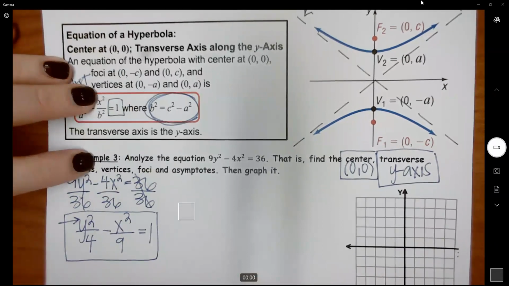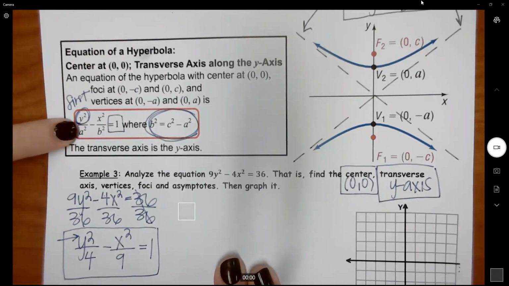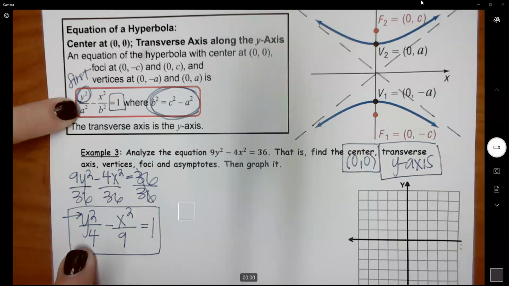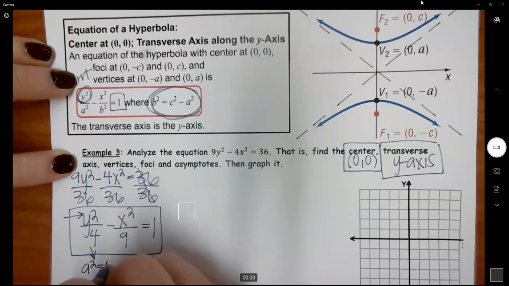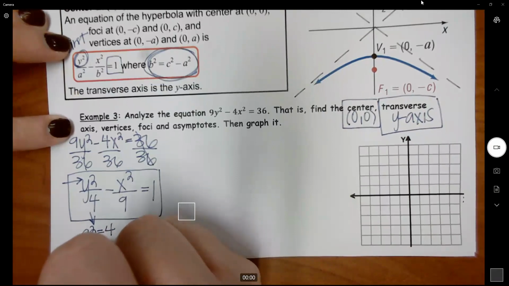My vertices have to do with my A. Here, A does not move. A is always first, so it doesn't matter that 9 is bigger. With ellipses, A is always the bigger one. That's not the case here. My A is always first. So here, A squared is 4, and therefore A is plus or minus 2.